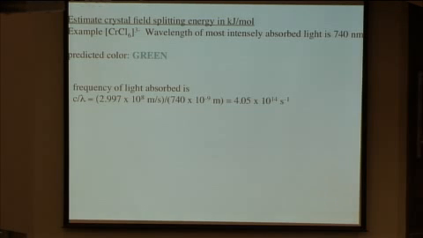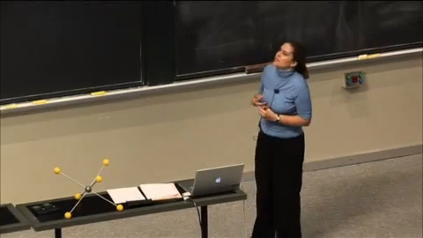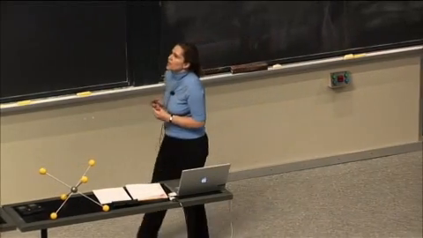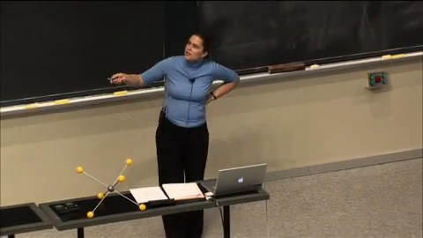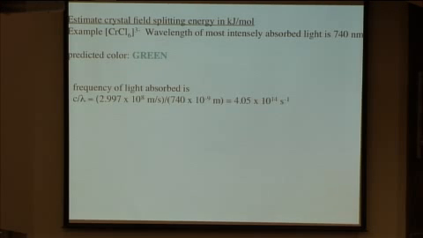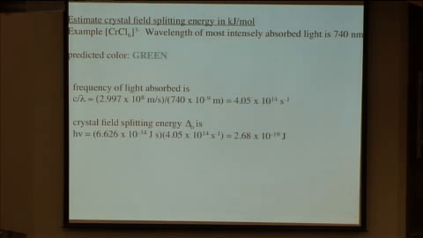All right. So we can actually calculate the frequency of the light absorbed. So we were given the wavelength, and use speed of light and plug in your wavelength, and you can come up with a frequency, 4.05 times 10 to the 14th per second. Then we can calculate from that the crystal field splitting energy.